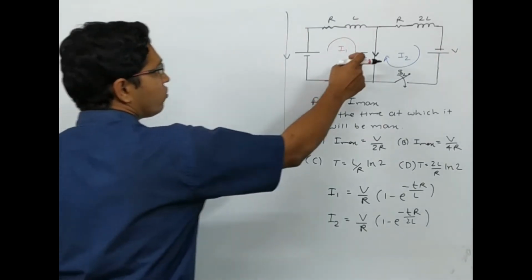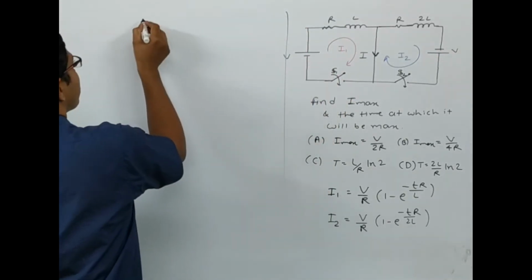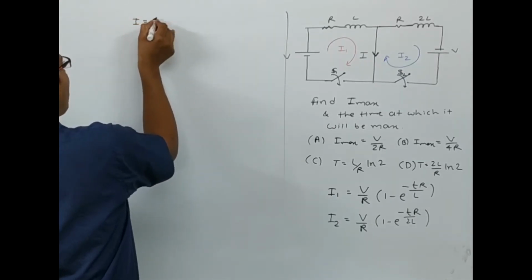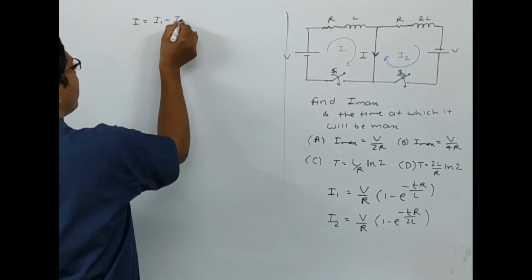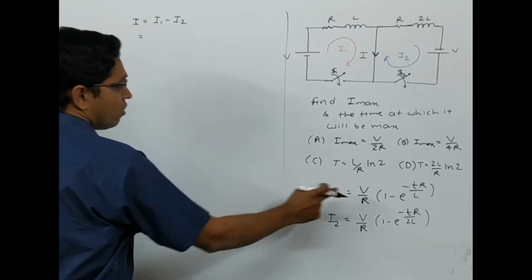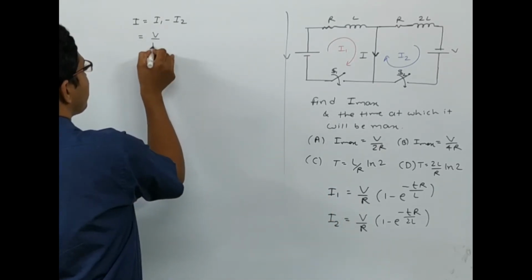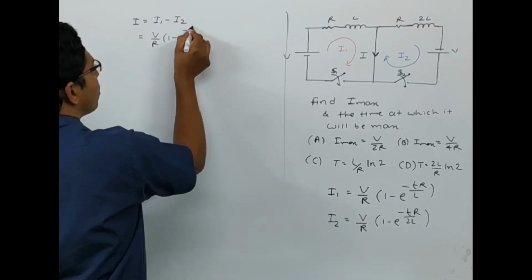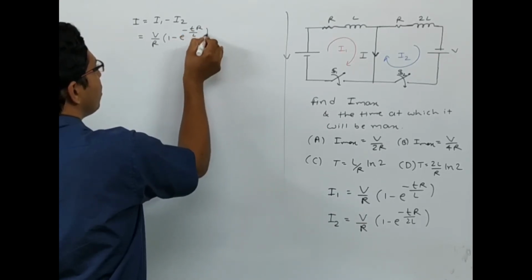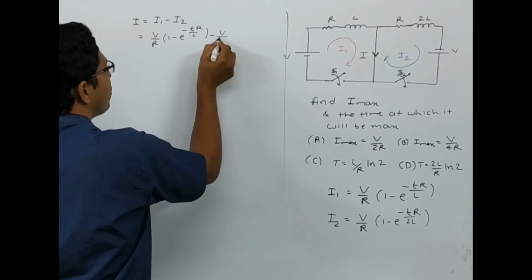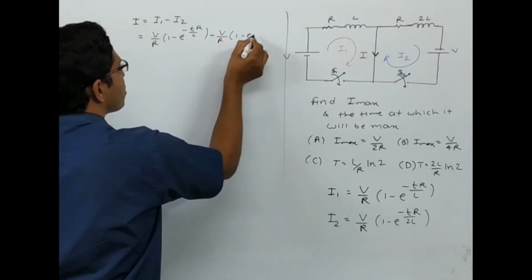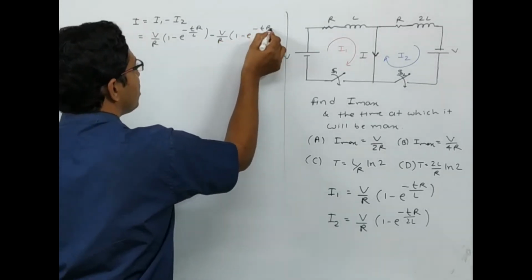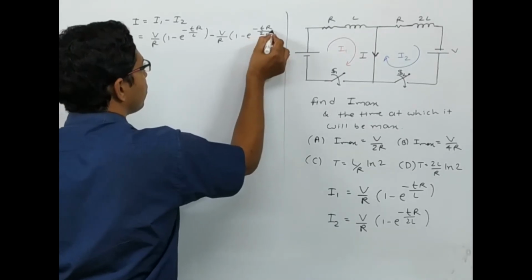Now I want to find the current through this branch, so that current will be I1 minus I2. If I put these values, the equation will be V by R (1 minus e raised to power minus tR by L) minus V by R (1 minus e raised to power minus tR by 2L).